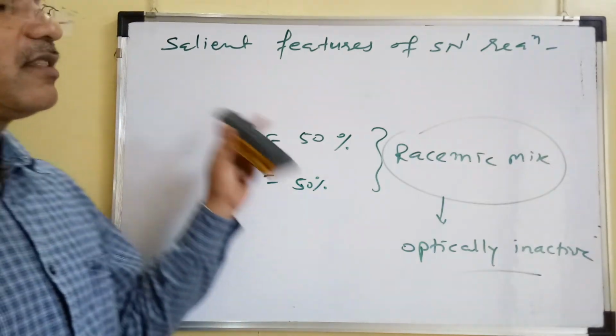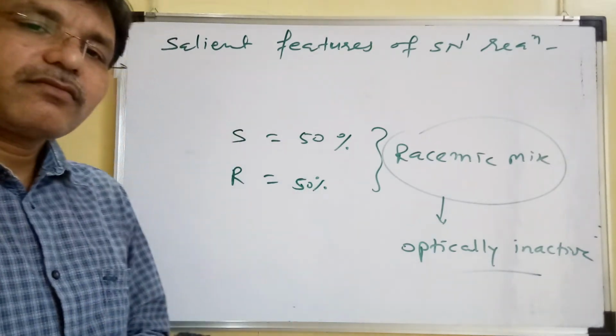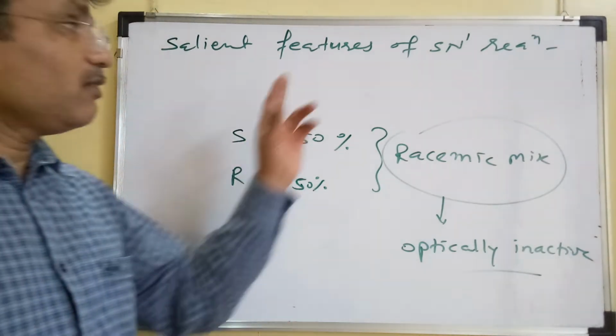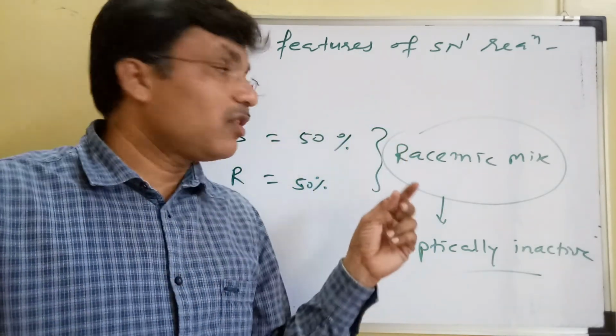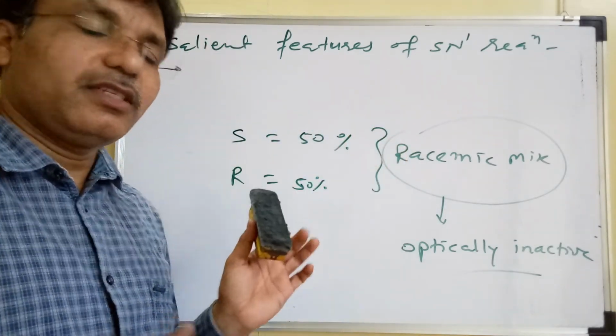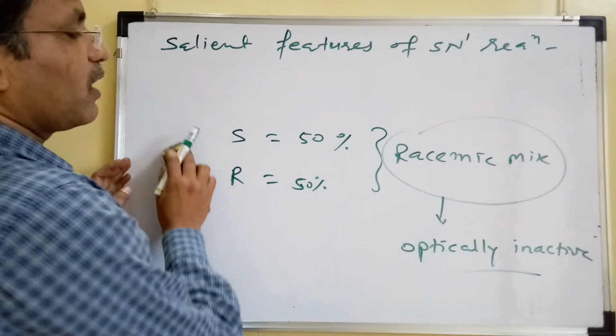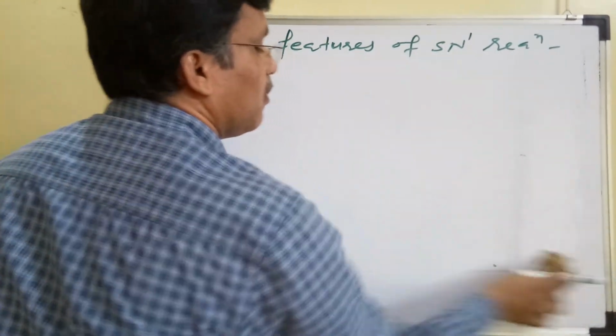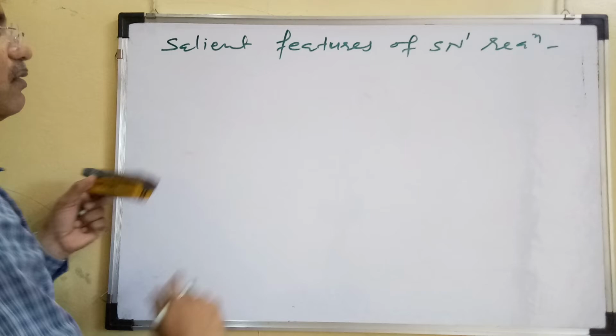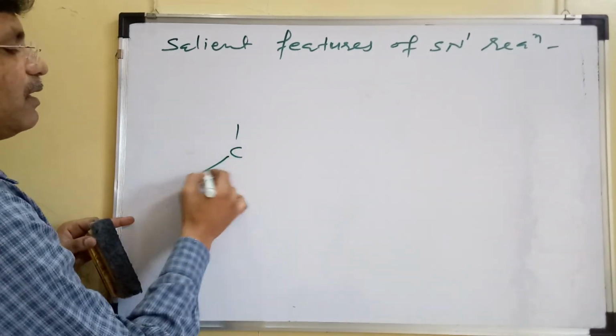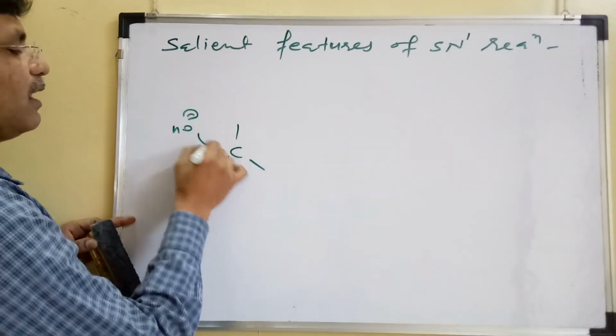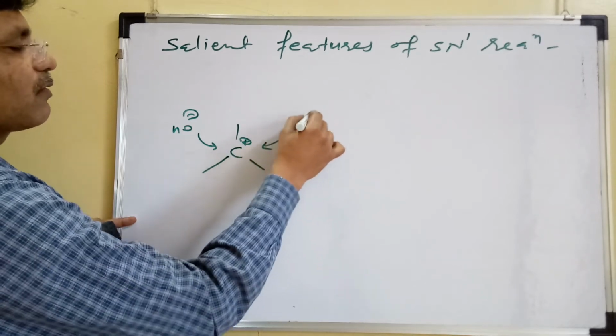So the SN1 reaction is the result of formation of the carbocation, on which the nucleophilic attack may take place either from the back side or from the front side.